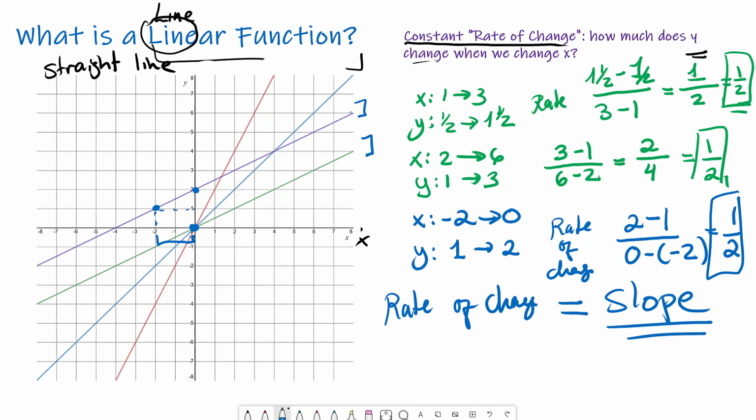We understand what the slope is. So the slope is the rate of change, how much we move up as we change x. We can also look at the other direction, but we won't complicate things at this point. So again, we just started with linear functions, just learned what a linear function is and how it's defined by a constant rate of change.